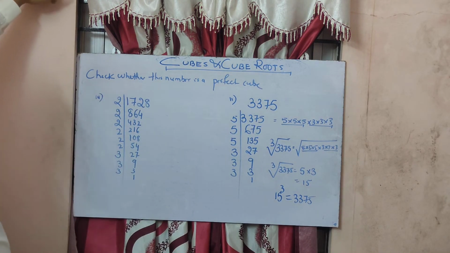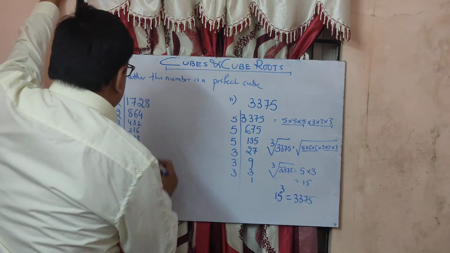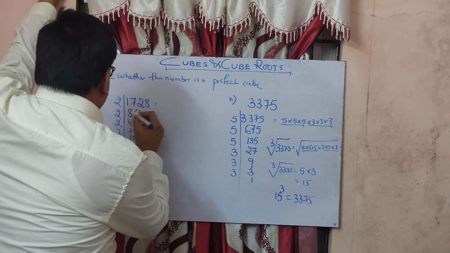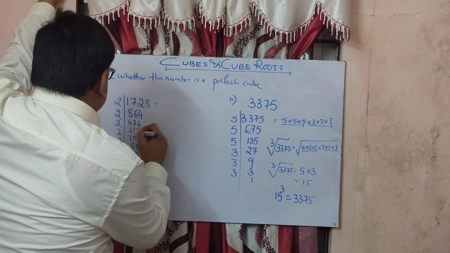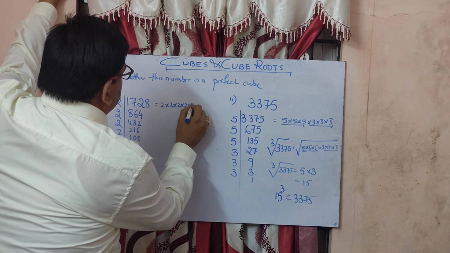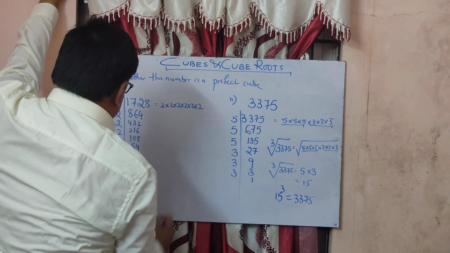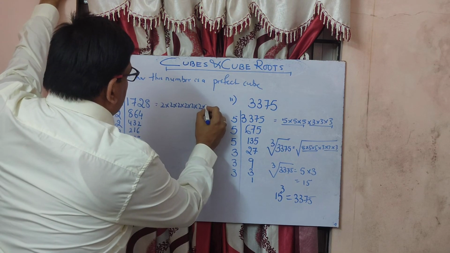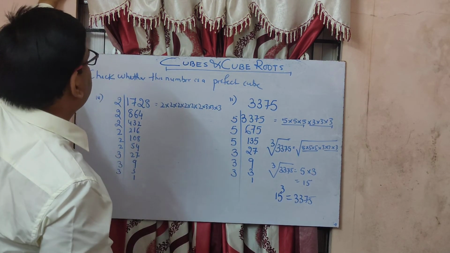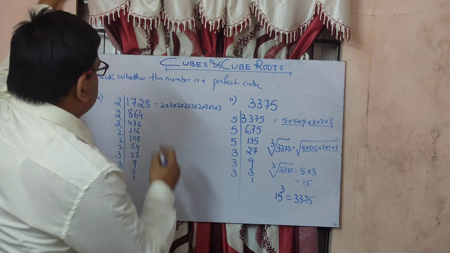So what are the factors of 1728? The factors of 1728 are 2 into 2 into 2 into 2 into 2 into 2, that is 6 twos, and 3 thrice. The factors of 1728 are this much.